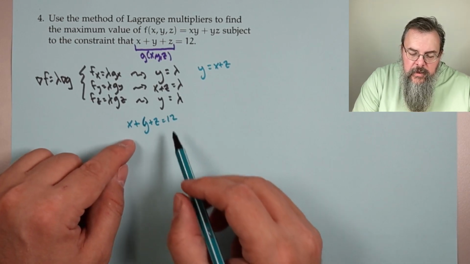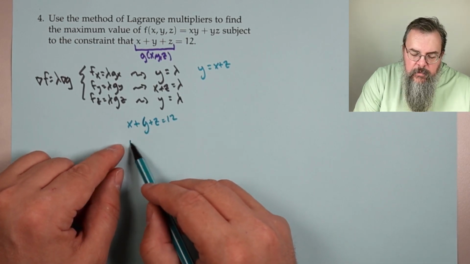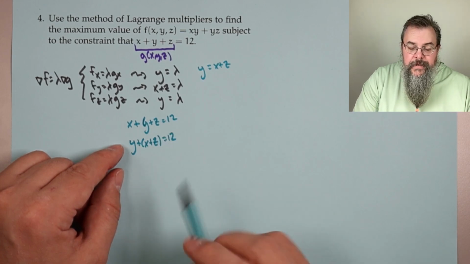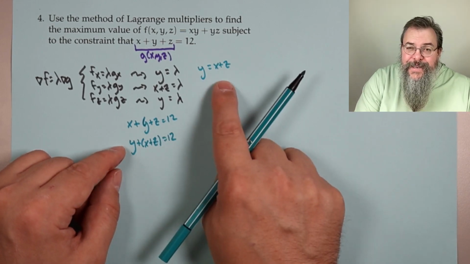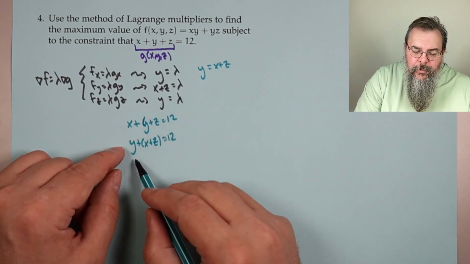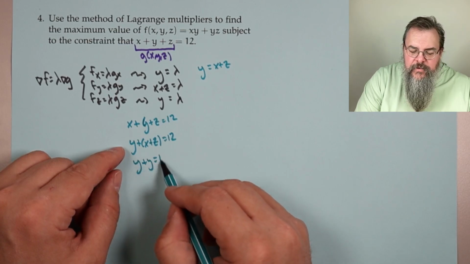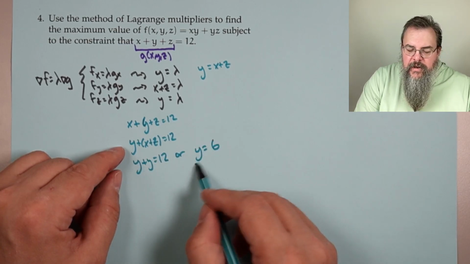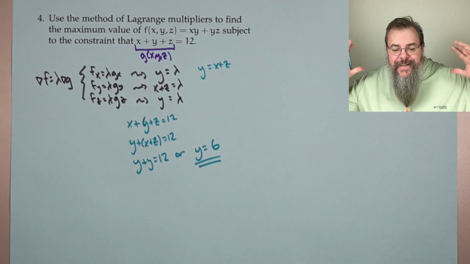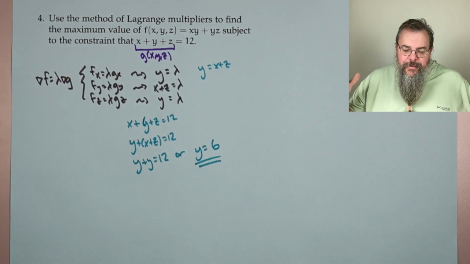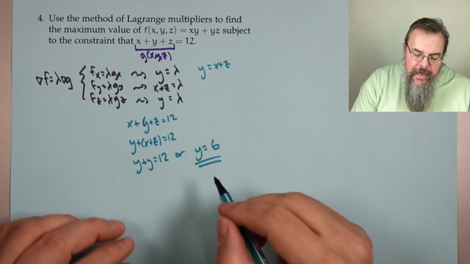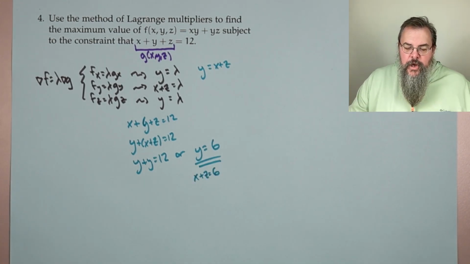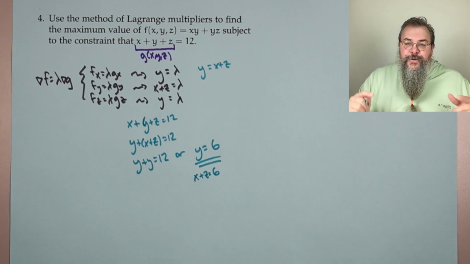And then we can say this is the same as y plus x plus z equals 12. But x plus z is y. So y plus y equals 12, or y equals 6. So at our optimum, y equals 6, and we also have that x plus z equals 6. Cool.